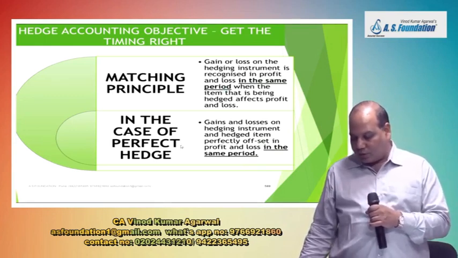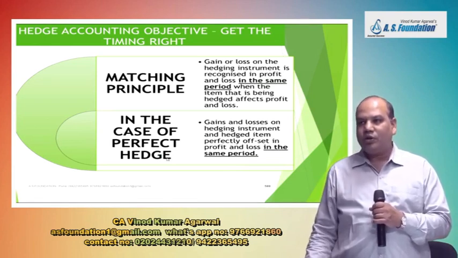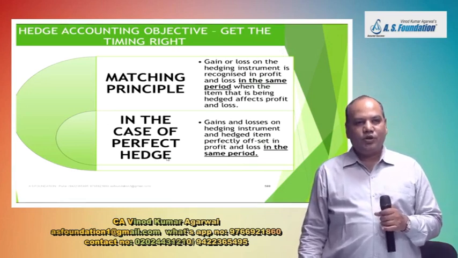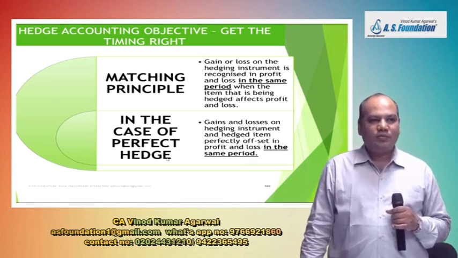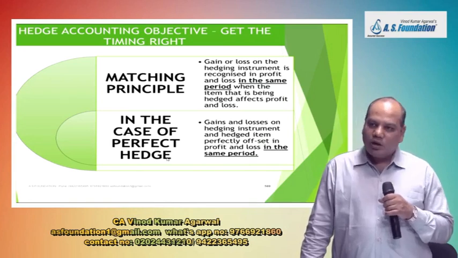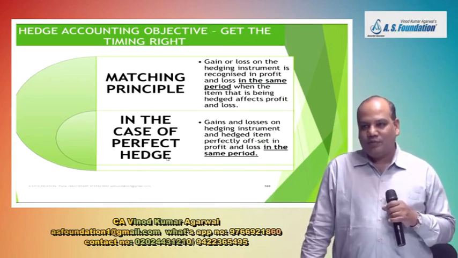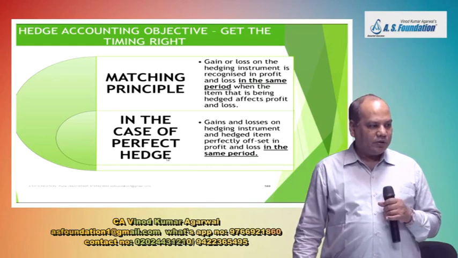Second point is what is a perfect hedge. Perfect hedge means the loss in the hedged item is fully compensated by the gain on the derivative and vice versa also. That is called a perfect hedge.